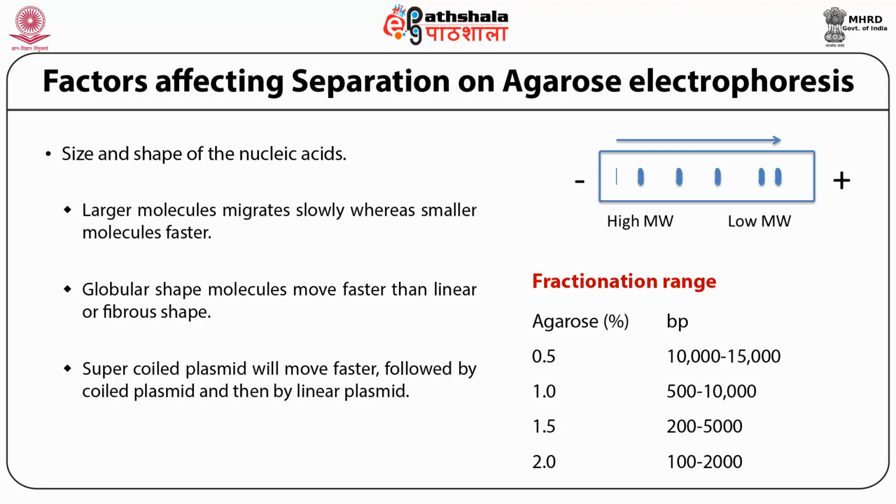However, for nucleic acids, the size is represented in terms of base pairs or BP, or nucleotides represented by NT. Size of double-stranded nucleic acid is denoted by base pairs, whereas size of single-stranded nucleic acid is expressed in terms of nucleotides.